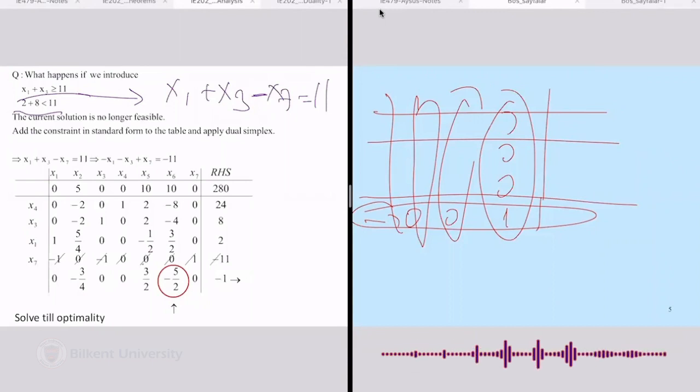But since I need a 1 in here, I add this constraint as minus x1 minus x3 plus x7 equals minus 11, so that this becomes a +1. I'm going to apply dual simplex anyway, so it's okay to have negative things in the right-hand side. I know that's going to happen, so at least I will have a basic variable for this new constraint, which is x7.